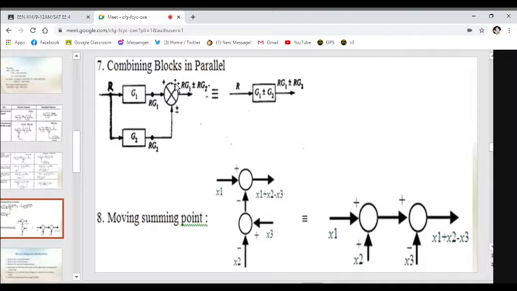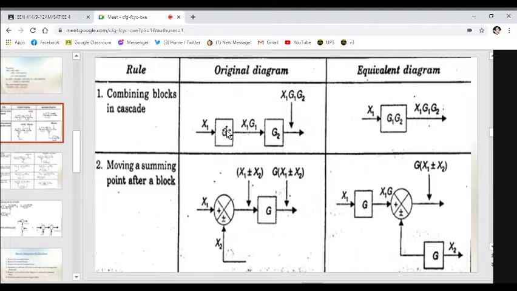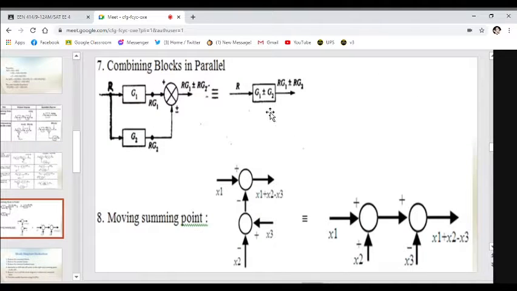So, tignan niyo yung sign doon, plus, then plus minus. So, G1 positive, negative G2. Isang block na lang siya, can be represented by a single block, pero mag-a-add or mag-subtract. No, hindi katulad dito, ito parang naka-series or naka-cascade, magmumultiply. No, you have to multiply. Pagdating naman dito, ayan, mag-a-add lang.